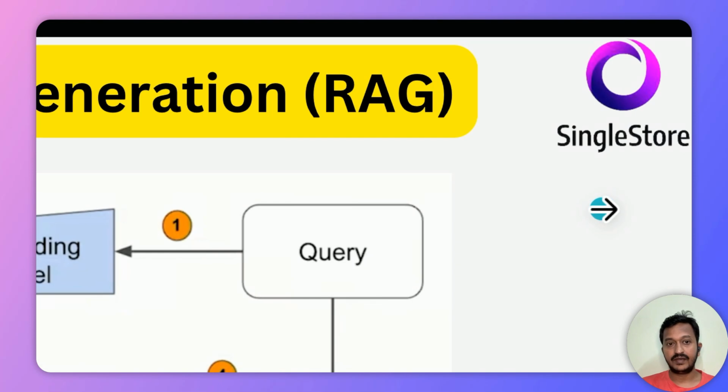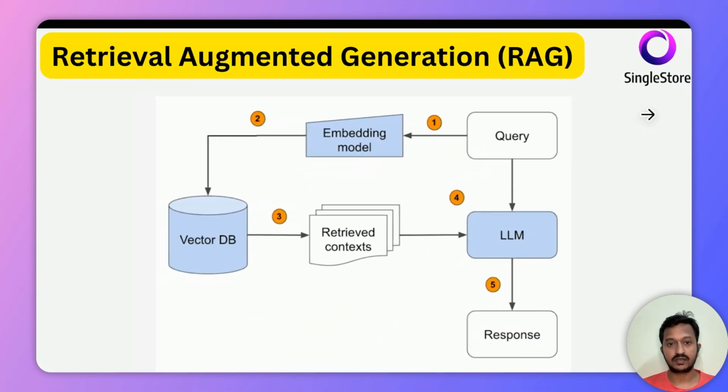And then we have retrieval augmented generation, right? What we call RAG. This is where you augment your LLM or the AI application with custom data that is stored in a specialized database called a vector database, as you can see here. So when a user query comes in, it gets converted by an embedding model, which goes through the vector database to retrieve the relevant chunks.